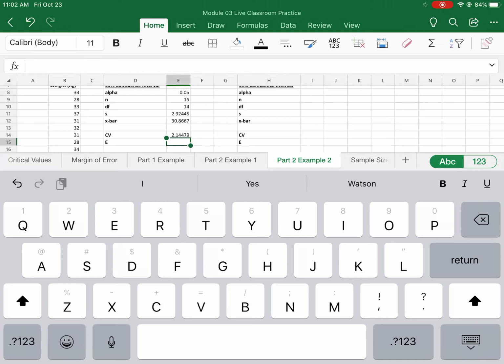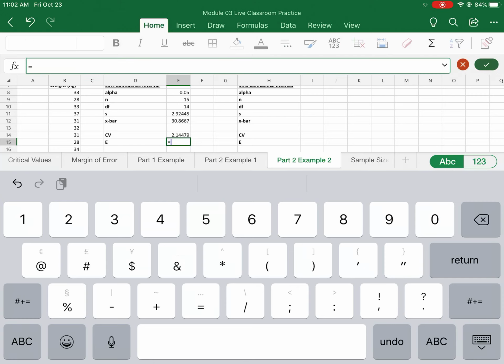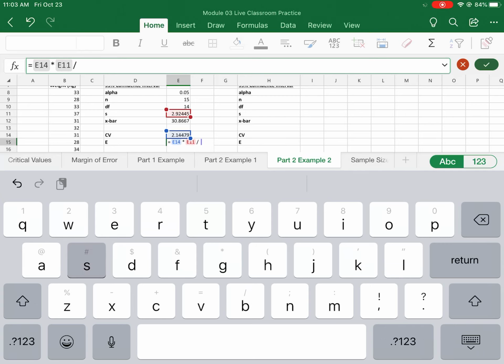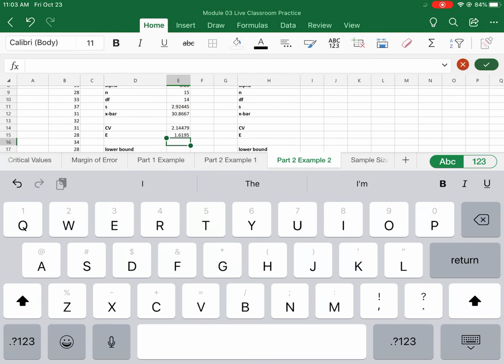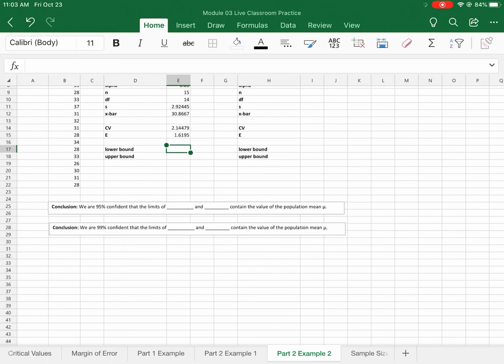Okay, so I have my critical value. Now I can find my margin of error. So this is equal to my critical value times my sample standard deviation divided by the square root of my sample size.